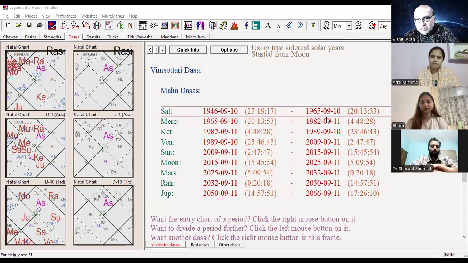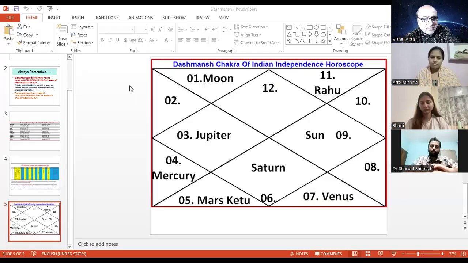Remember, now someone tell me, what was the Devta of Shani in Dashmansh? Rakshas. Rakshas. Rakshas Devta. Okay, I am sharing the screen and showing the Dashmansh chart.